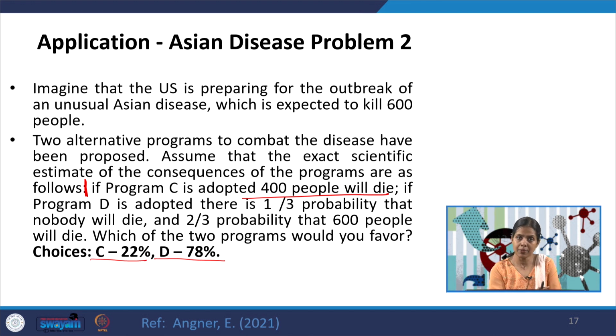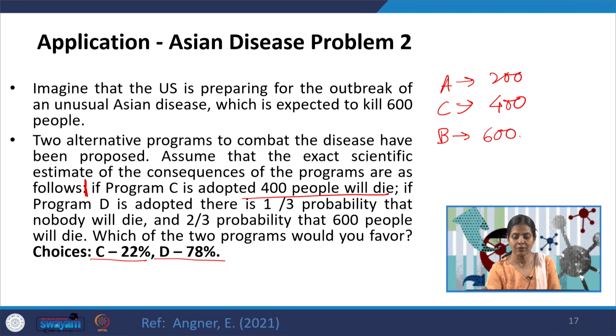Now, if we compare statement 1 and statement 2, you would see that if I compare A with C, A said that 200 people will be saved for sure, and C is saying that 400 people will die for sure. So, these are actually the same thing. Similarly, B said that 600 people will be saved with a probability of 1/3, while there is the probability of 2/3 that nobody would be saved.